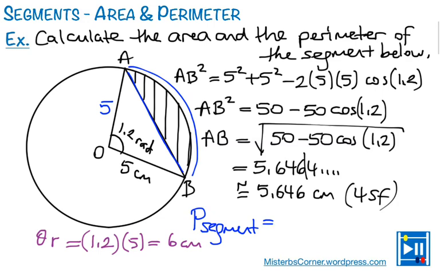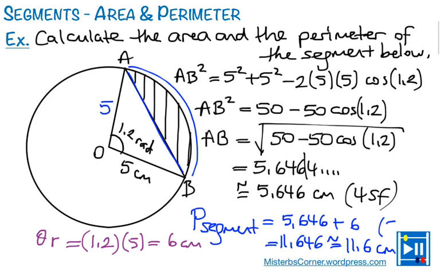It's easier to mix these names up. So the perimeter of the segment would be 5.646 plus 6, which is 11.646. To 3 significant figures, it's going to be 11.6 centimeters. That is 3 significant figures. So that is the perimeter of the segment.